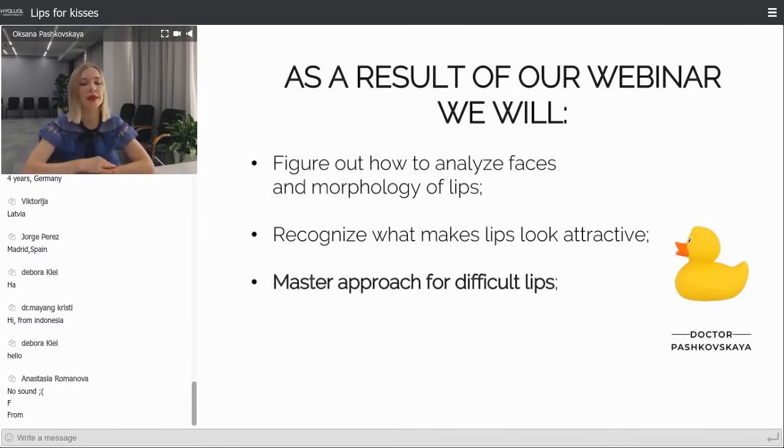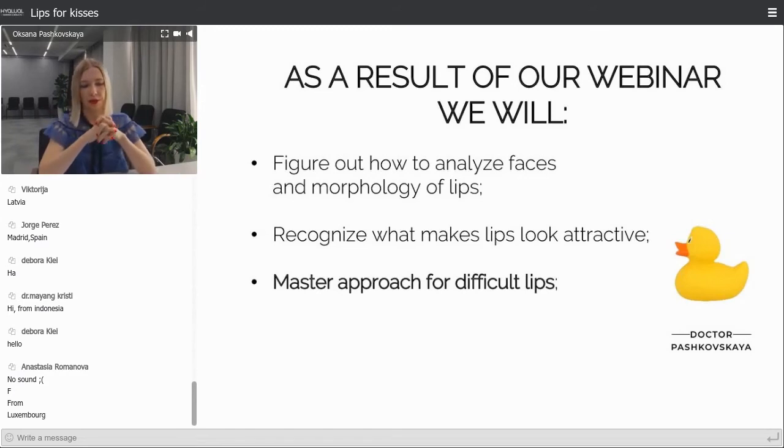Also recognize what makes lips look attractive and natural. Please text, do your patients ask you for bumped lips, or mostly do they ask you about natural results?